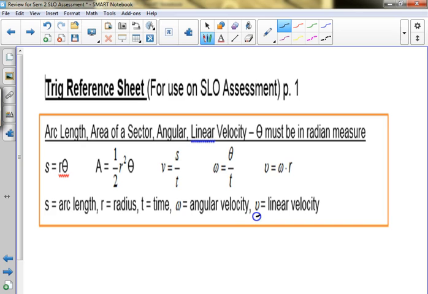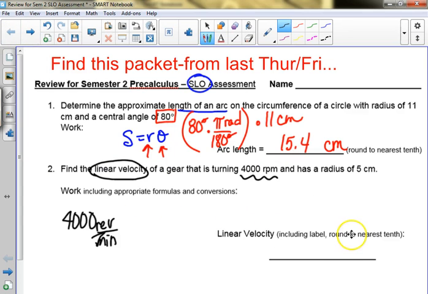It says V is linear velocity, and it says to get a linear velocity, I should take angular velocity times radius. But angular velocity means it has to be in radians.